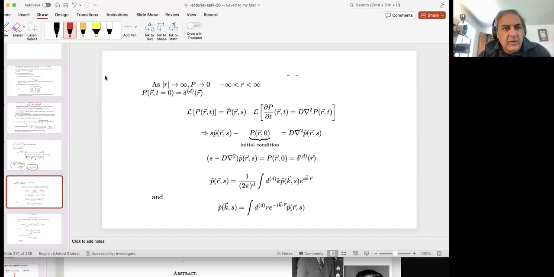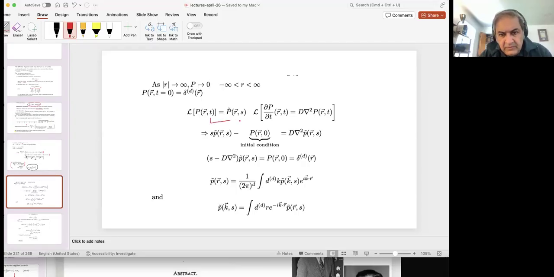So anyway, now what happens is that you take the Laplace transform of P of r,t, the probability density, and then it becomes P tilde. And the Laplace transform is not on the space. The Laplace transform, as usual, is with time. So t is going over to s.